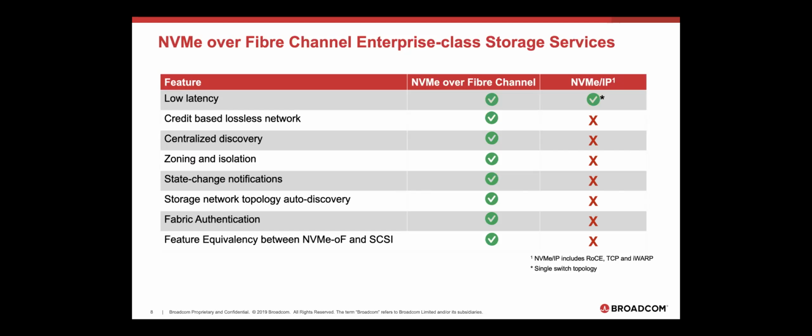As a matter of fact, the NVMe Express org are today discussing how to implement these fabric services on Ethernet. So they're discussing the standards definitions for, for example, centralized discovery in your network. One of the proposals is to use multicast DNS.